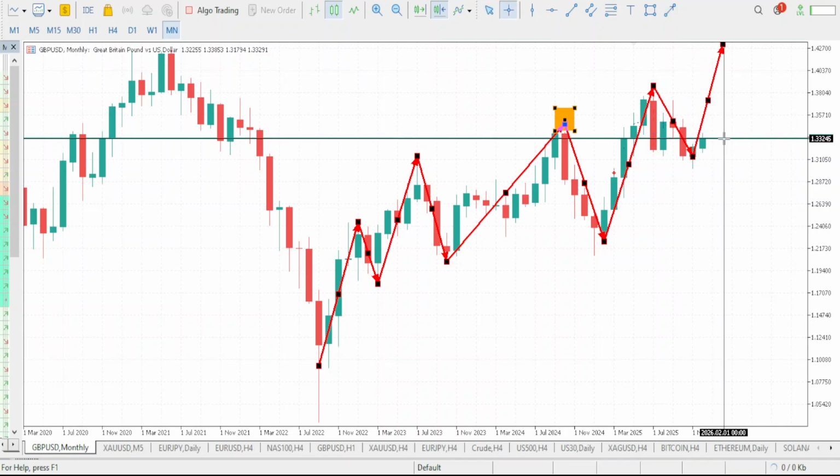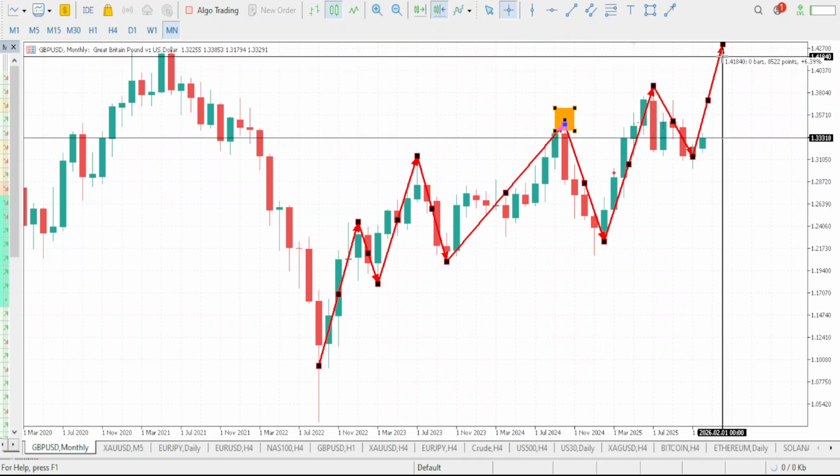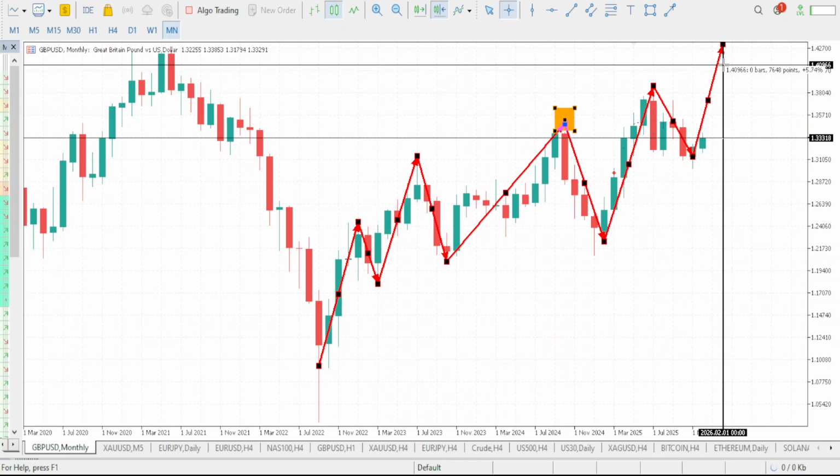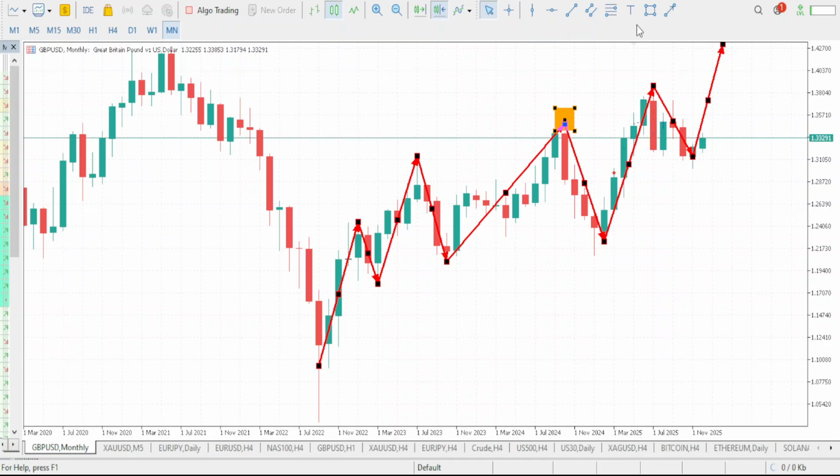So if you take a buy here and hold this position until the market gives us a new higher high, you will grab more than 700 pips of movement. So this is for position traders, traders that want to hold their position for the next 3 months, 4 months, 5 months, even 6 months.